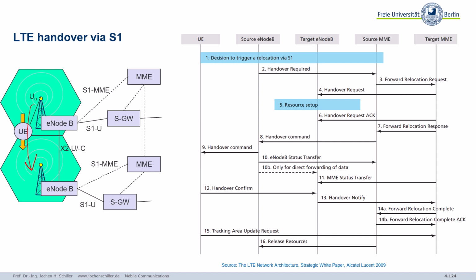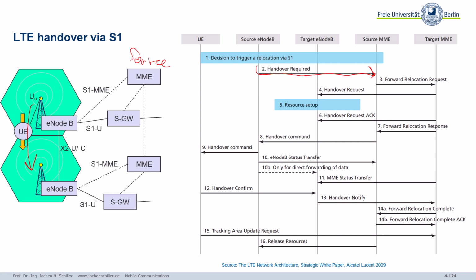The user equipment can tell, okay, this is the signal strength, now please do something. The network will decide, okay, and send this handover required signal message to our source MME, this would be our source here.